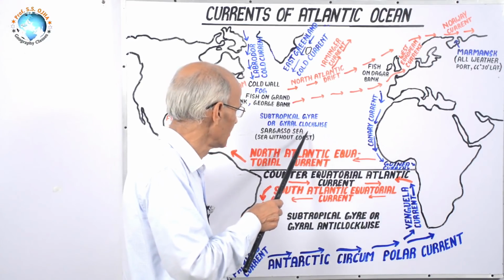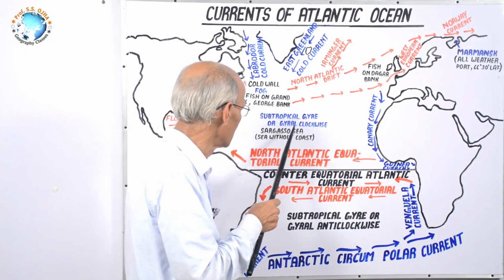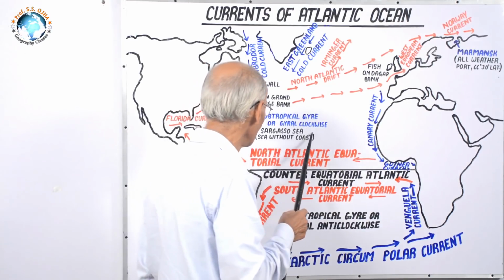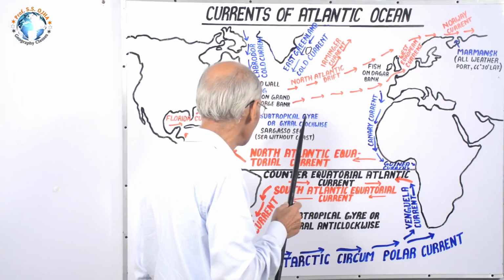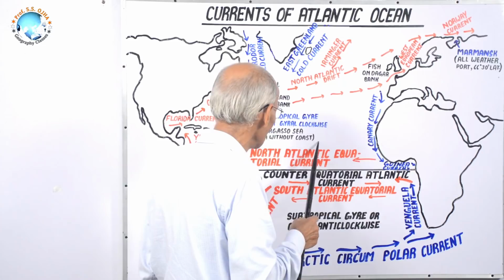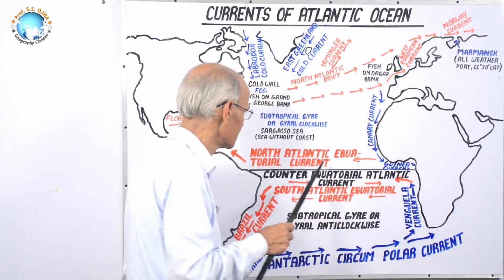saline and warmer. It is called a gyre, or gyral, which in the Northern Hemisphere is the subtropical gyre, which moves in a clockwise direction.